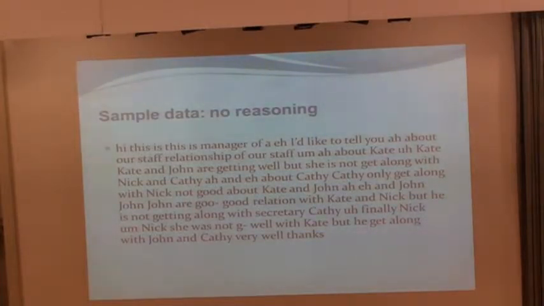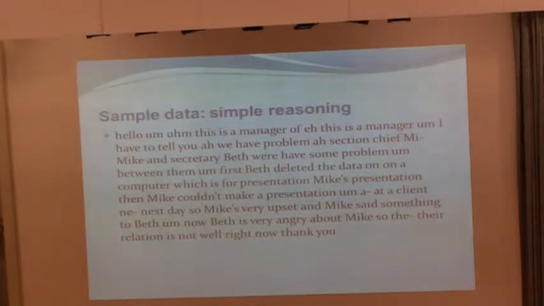And John are good relation with Kate and Nick, but he is not getting along with secretary Kathy. Finally, Nick, she was not good well with Kate, but he get along with John and Kathy very well, thanks. So just telling you about the relationships. In the simple reasoning, this is where they had to attribute changes in relationships to a cause.